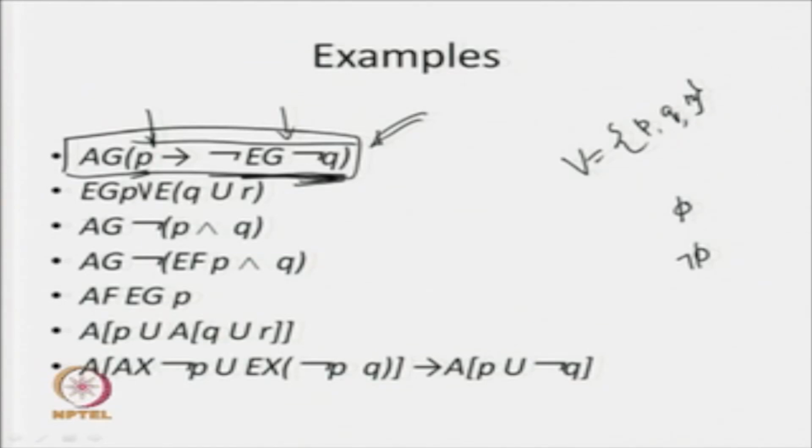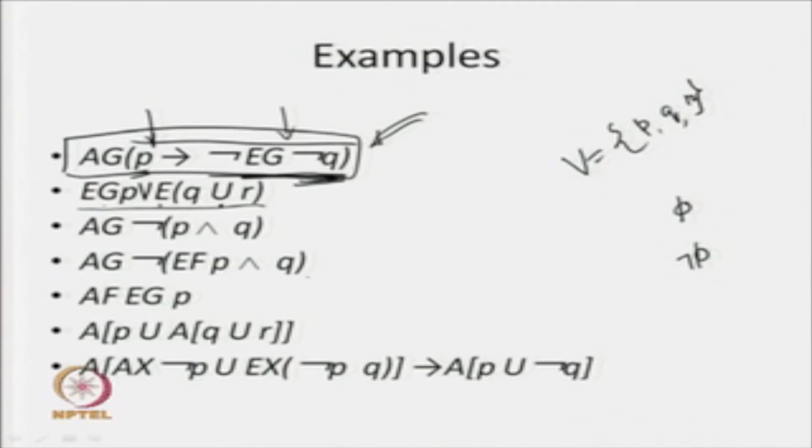So, E G P is a CTL formula and E Q until R is another CTL formula, because the until temporal operator is preceded by the path quantifier E. Similarly, G is preceded by the path quantifier E. So, this whole formula becomes a CTL formula. Like that you can analyze the other one also.